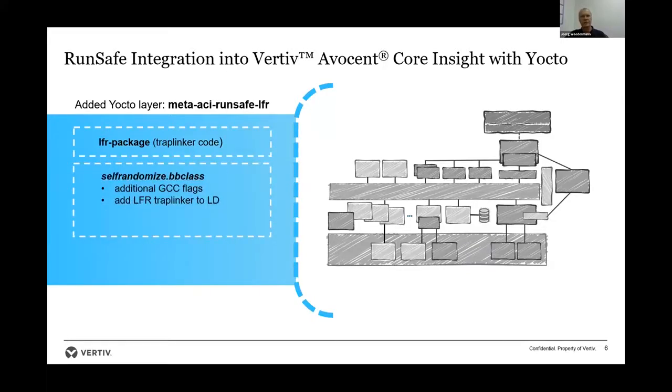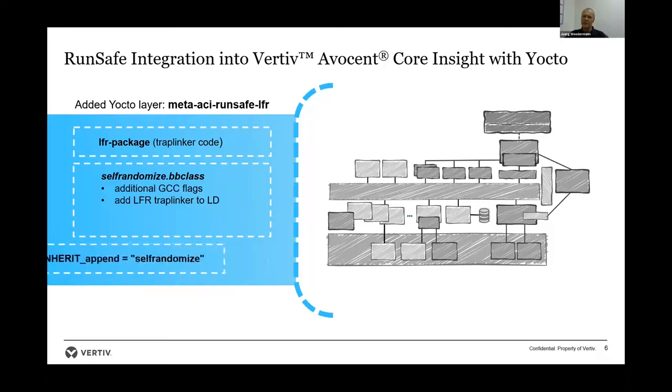And then there is a so-called BB class, which is a Yocto concept where you can package a whole set of flags, settings, and configurations. In this case, it would be additional GCC or linker flags that you're packaging into that class.